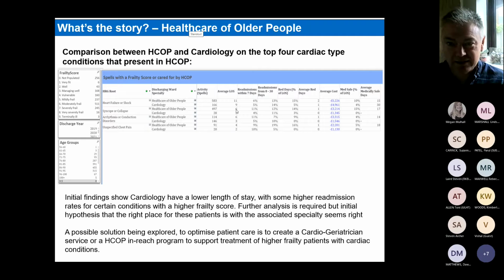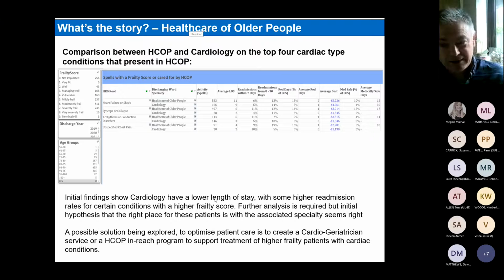And this one is 6 days in the HCOP and 2 days in cardiology. The next one is 6 and 3, and the next one is 4 and 2. So pretty much we can halve the length of stay of patients in the hospital if we get them in cardiology for certain conditions rather than pushing them into HCOP.